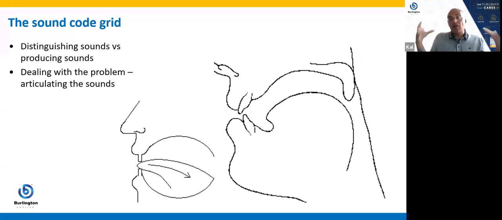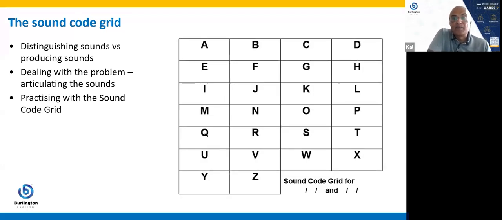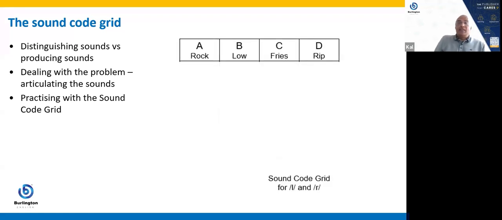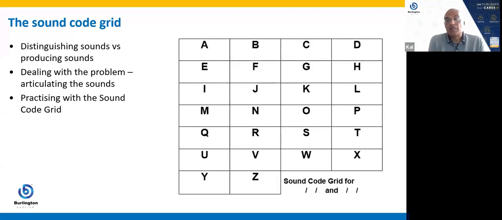So all these things that affect airflow coming out are called articulators, simply because they articulate the sounds, okay, and they influence the sounds coming out of that. So a good way to practice and get students to correct things is to do something called a sound code grid, okay? Now, if you look at this, all I've done is put the 26 letters of the alphabet in a grid.